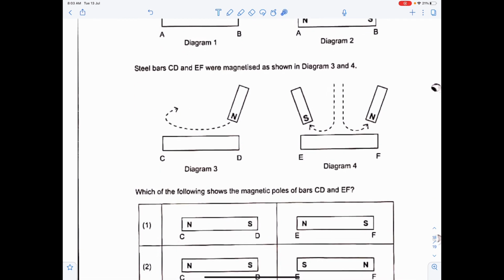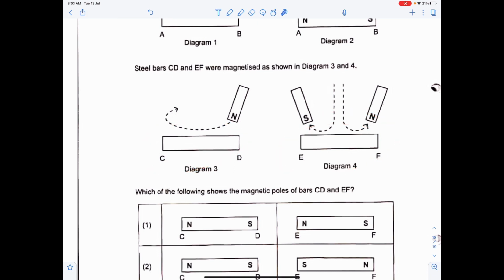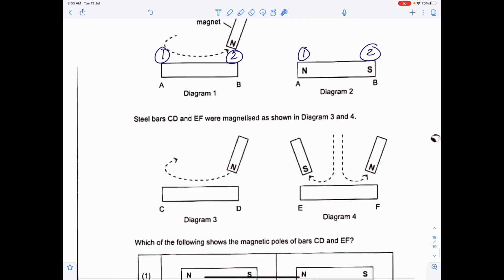Then the question goes on to tell you that you have another 2 steel bars, C, D and E, F, to be magnetized. Once again, remember at position 1, the part where you touch first will become the north, or rather the pole that you stroke it with first.